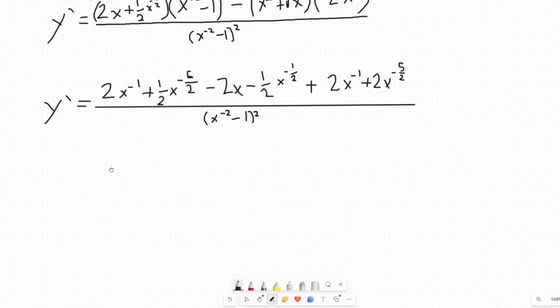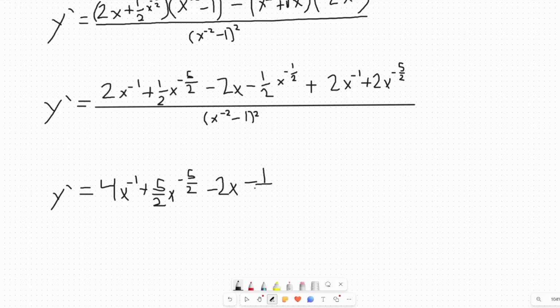So then finally, y prime is equal to 4x to the negative 1 plus 5 over 2x to the negative 5 over 2, minus 2x minus 1 over 2x to the negative 1 over 2, all over x to the negative 2 minus 1 squared.